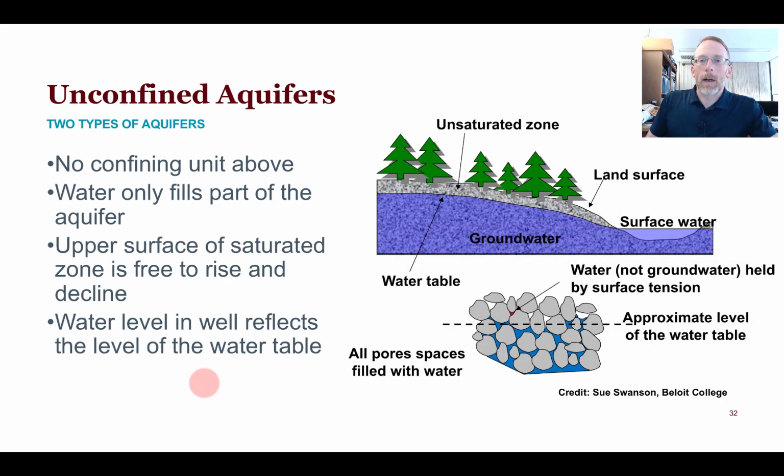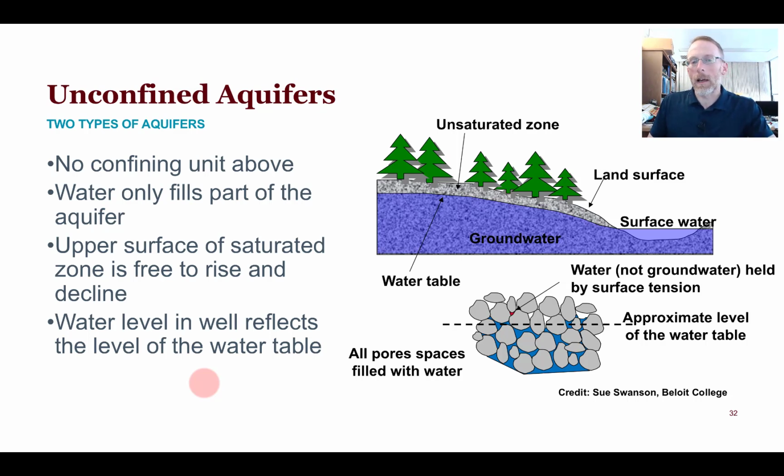All right, unconfined aquifers. Of course, we have two types of aquifers. We've already talked about unconfined aquifers in many of our examples so far in these modules. But first, an unconfined aquifer means there's no confining unit above the aquifer. So water can move freely from the surface of the earth to the water table.